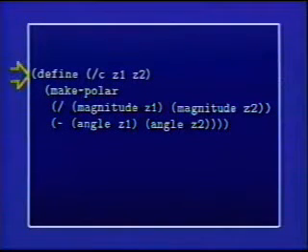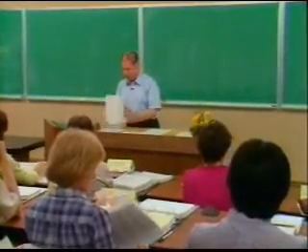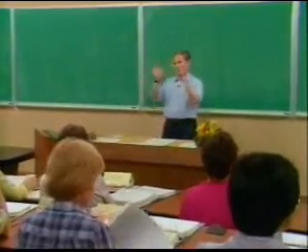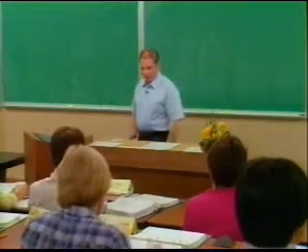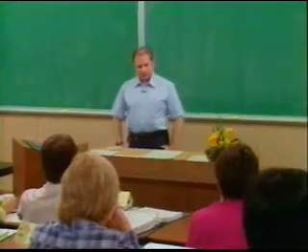Division is almost the same. Here I divide the magnitudes and subtract the angles. All right, well, now I've implemented the operations. And, well, what do we do? We call on George. We've done the use. Let's worry about the representation. We'll call on George and say to George, go ahead and build us a complex number representation. Well, that's fine.